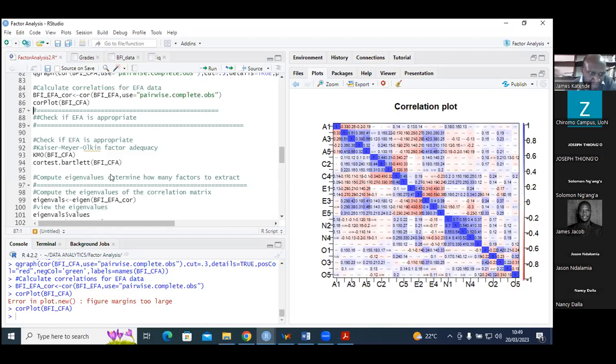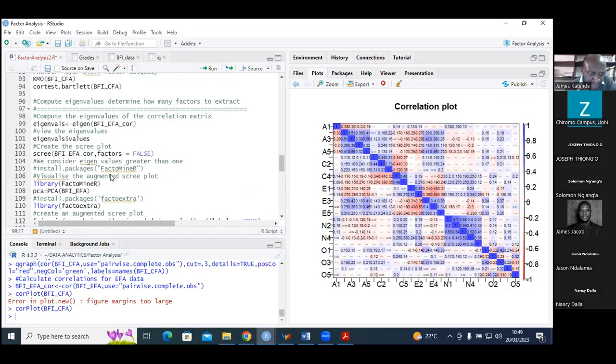So when you now want to determine the number of factors to extract, you can use the eigenvalues. Now this is a concept in linear algebra, but it basically picks out the variances from the variables.